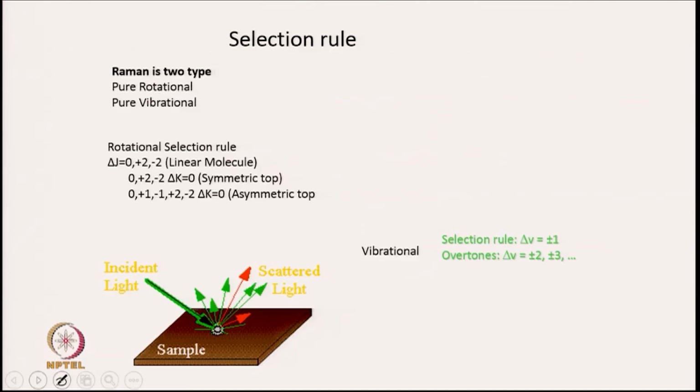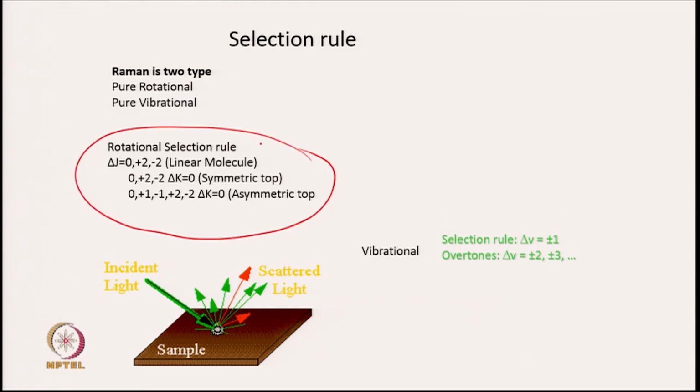After this, now we know that Raman can be of two types, pure rotational Raman and pure vibrational Raman. We have already discussed pure rotational Raman, and in this lecture we discussed pure vibrational Raman spectroscopy. For rotational, there are three different rules. Delta J is equal to 0, plus minus 2 for linear molecule.